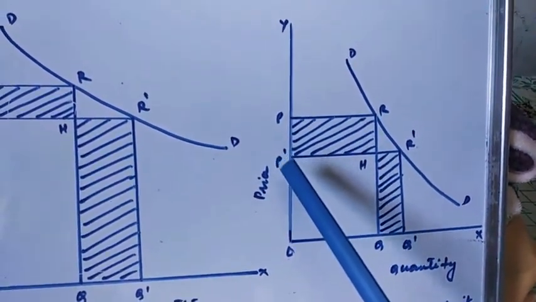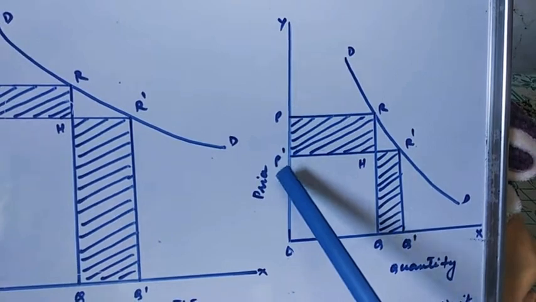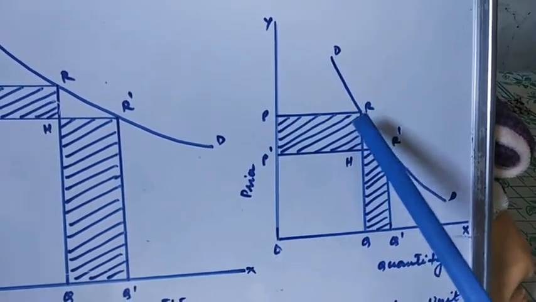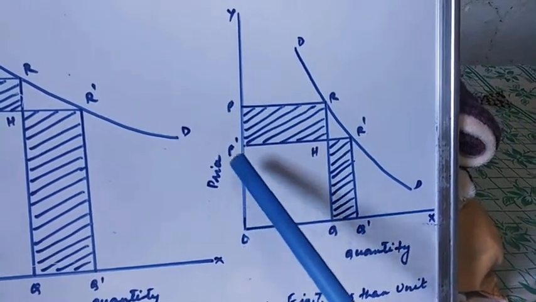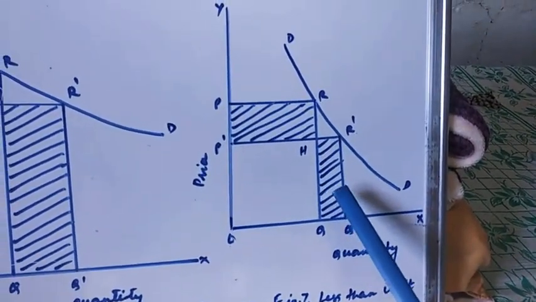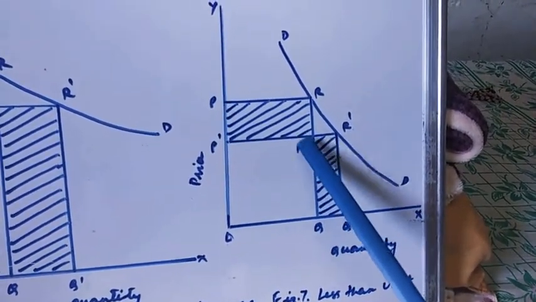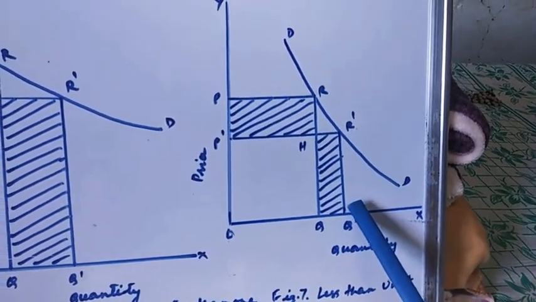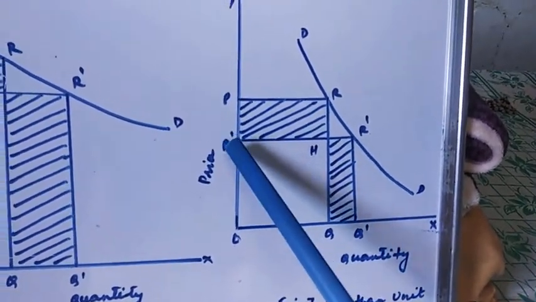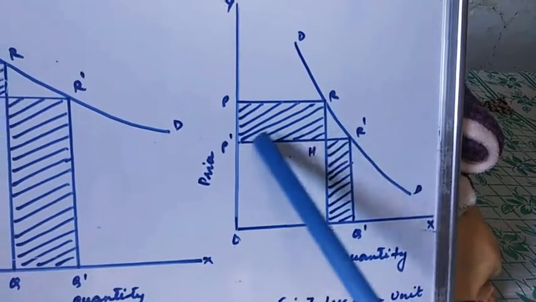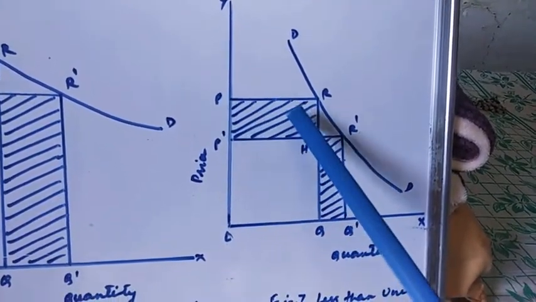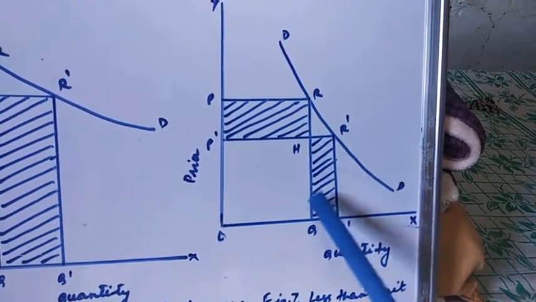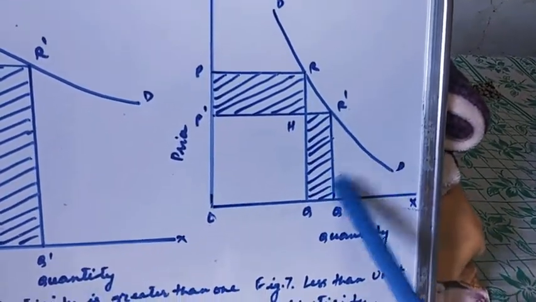So for OP price, before the fall of price, P dash PRH is this much. And when price has fallen, at OP dash price, the remaining part is QHR dash Q dash. We can see clearly that this P dash PRQ box, which is the remaining part at OP price, is bigger than this QHR dash Q dash.